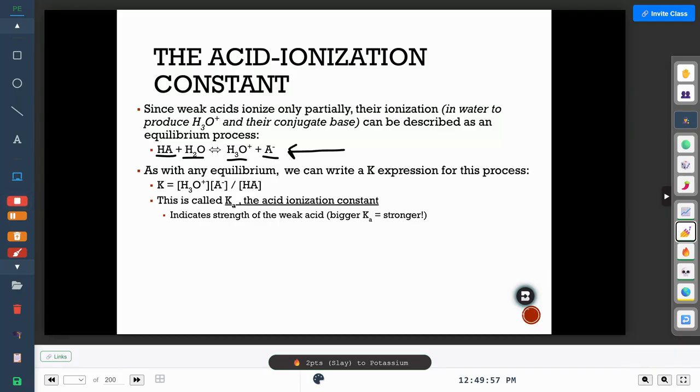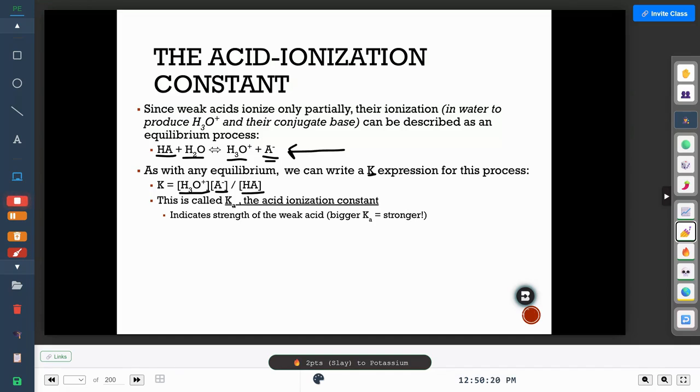And so we can say, all right, well, if that's our dissociation, what's our K for that? And we learned about K in the previous chapters, right? And so it says, hey, take our products, hydronium ion concentration times the concentration of the conjugate base, and divide it by our original acid we had in the reactant side.